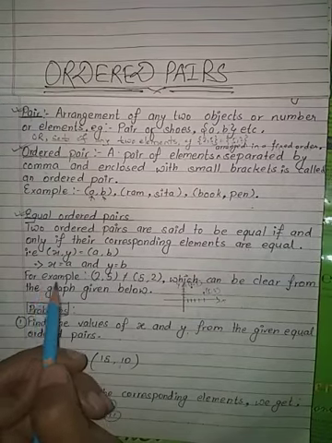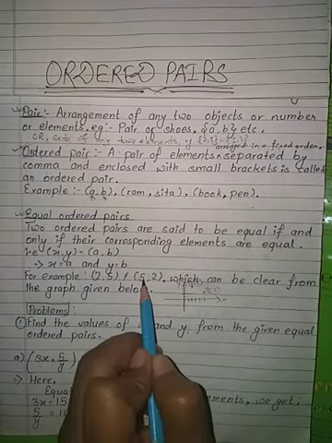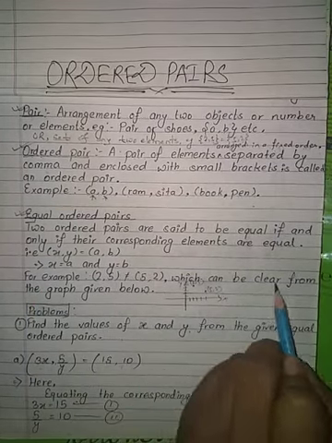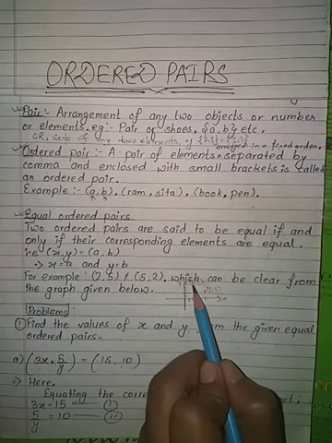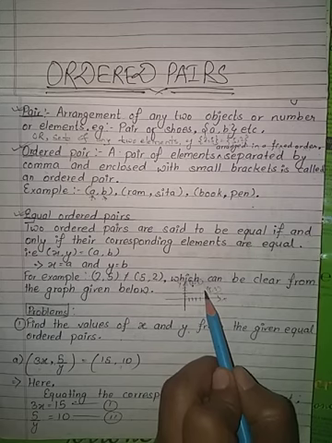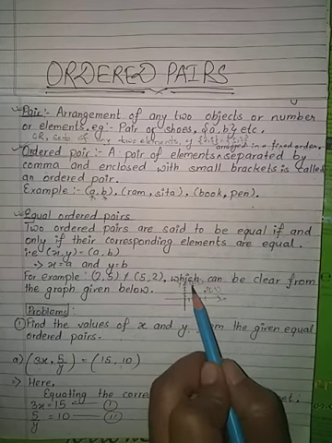For example, here 2, 5 is not equal to 5, 2, which is clear from the graph given below. 2, 5 lies here and 5, 2 lies over here. See, they are totally two different points.